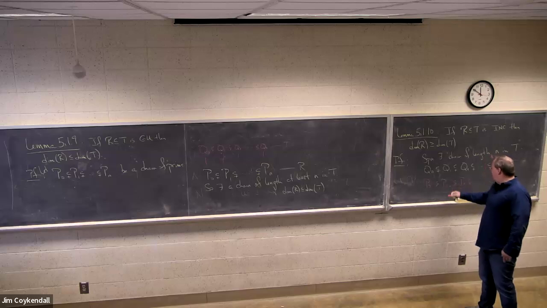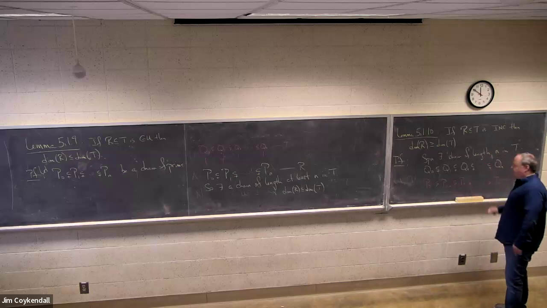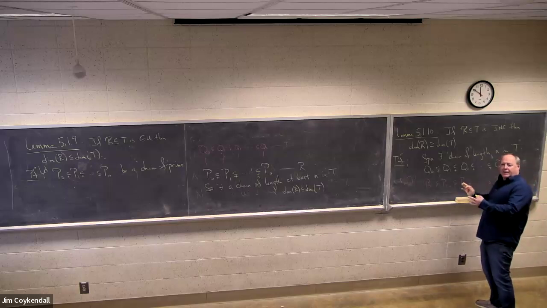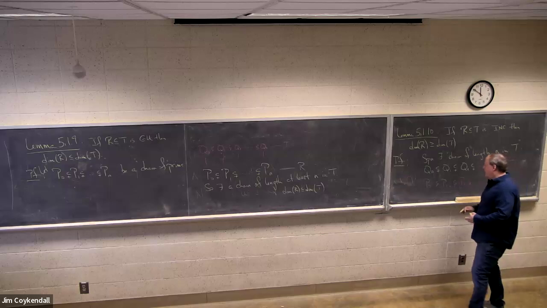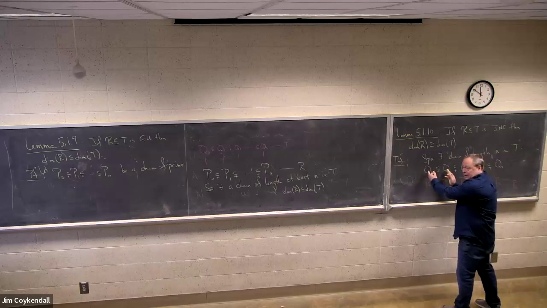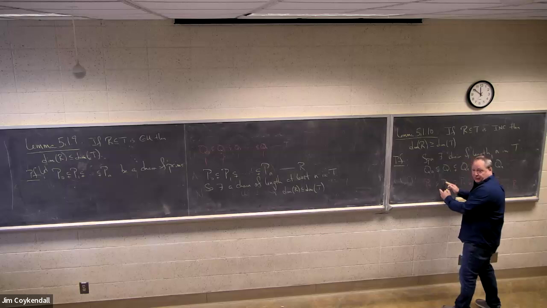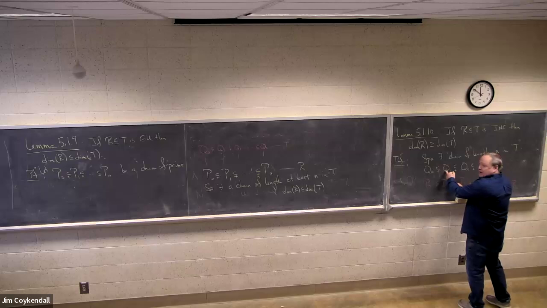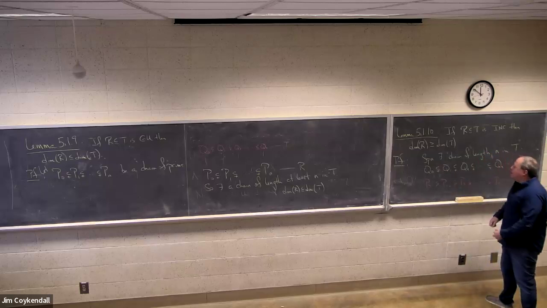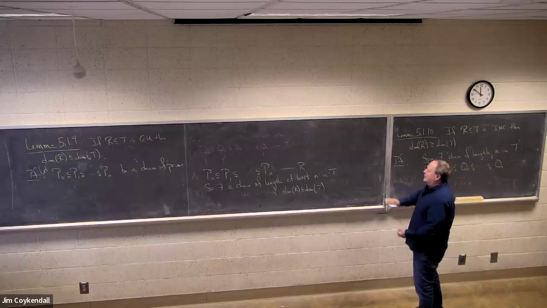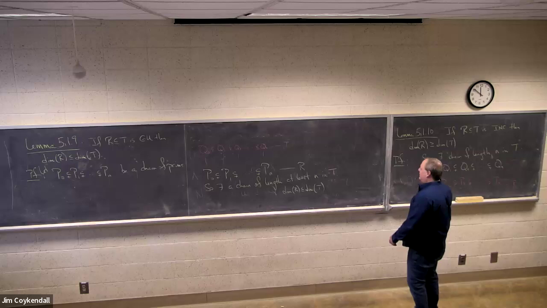Why do I get to go like that? The extension is incomparable. That's right, incomparability is set up to stop that stuff from happening. Because this contracts to this, and this one cannot contract to this because of incomparability. So this one has to contract to something that strictly contains this. This one contracts here, this one can't contract to here because of incomparability, and so forth and so on. So we've got the dual notion of what we have here. There exists a chain of length at least n in R.